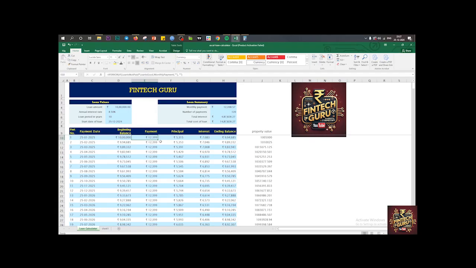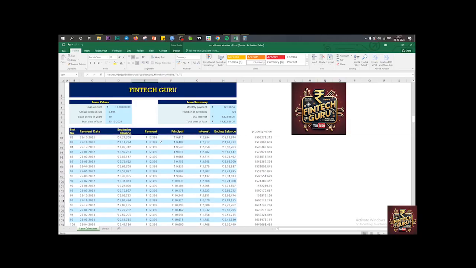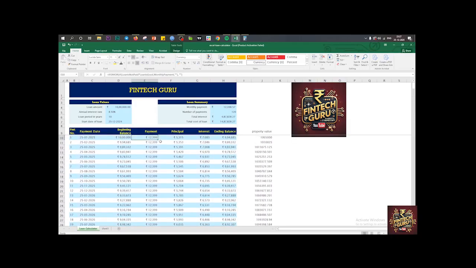This will be the same throughout the period, throughout the 120 equated installments. What changes is the principal and interest components. As you can see, your EMI payment is 12,400, but you see the balance.